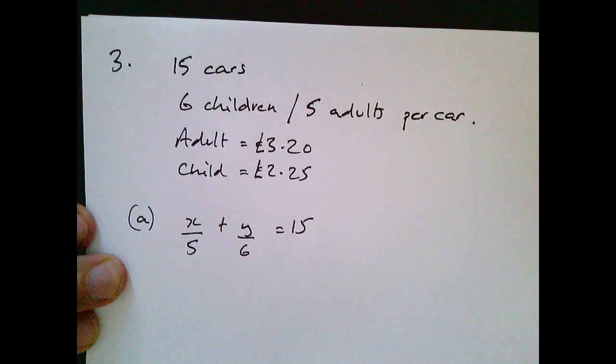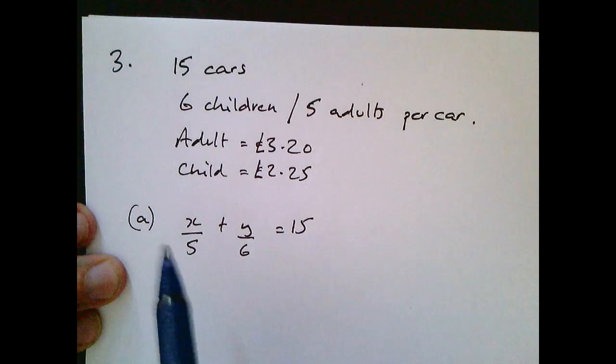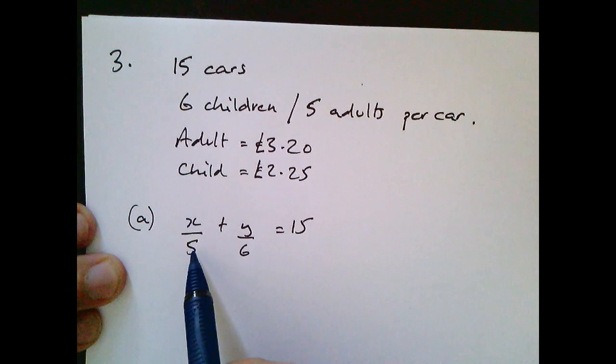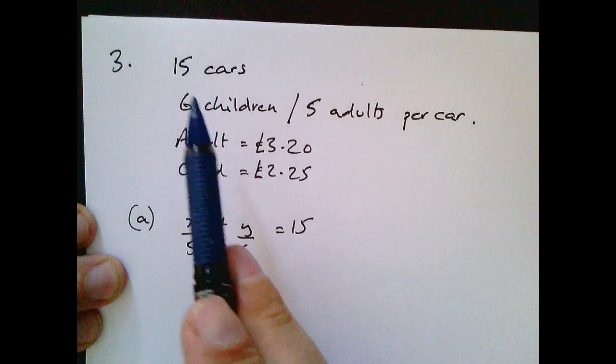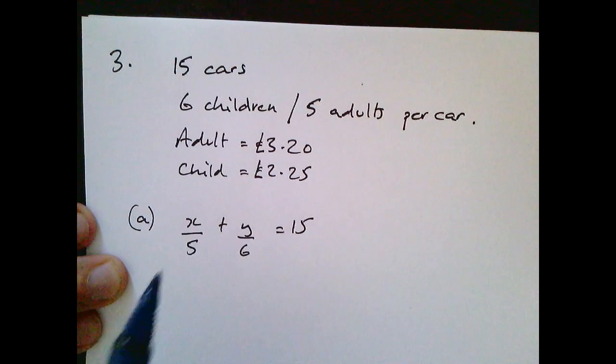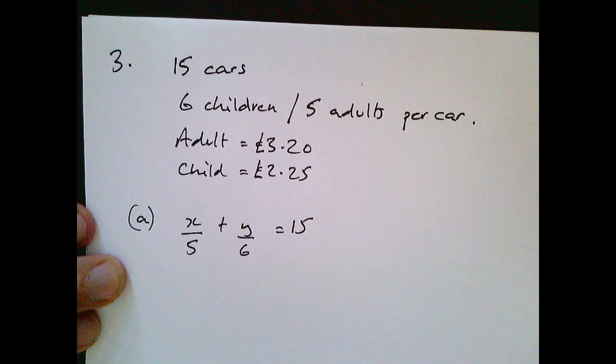What does she mean by x and y? You can see straight away that there's a link between the 5 and the 5, the 6 and the 6, and the 15. So the guess that you might want to make is it's something to do with children and adults.